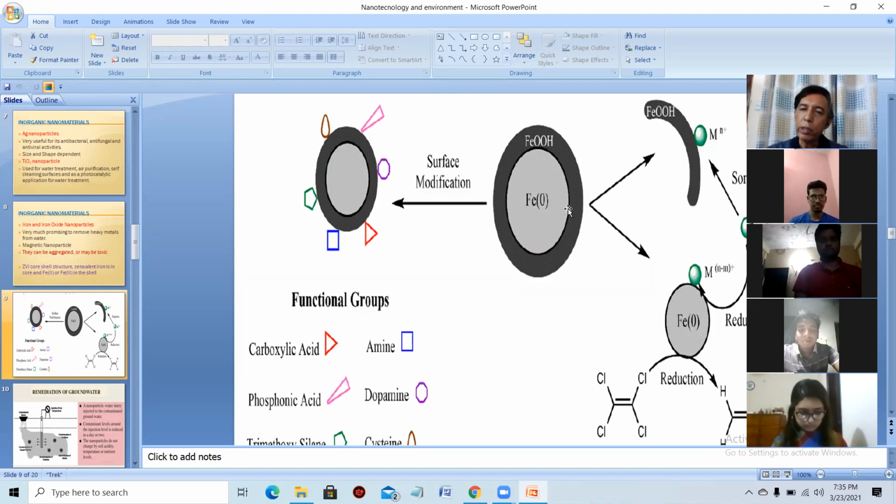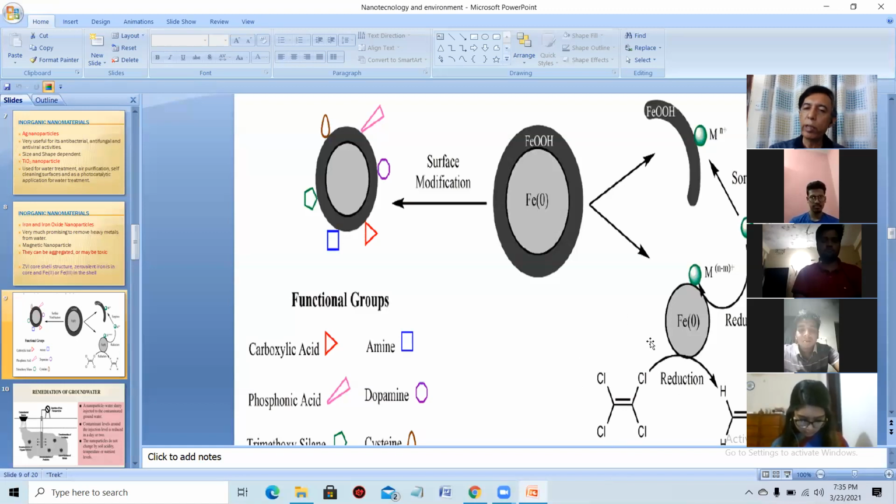Now, what you see, this oxidized state, this shell, the heavy metals present in the solution are absorbed in the shell. Or you see the chlorinated water.